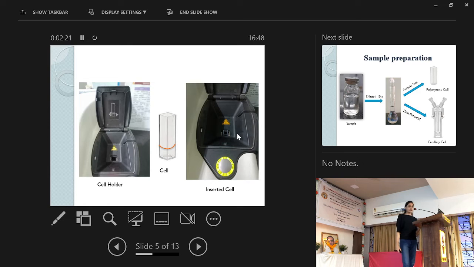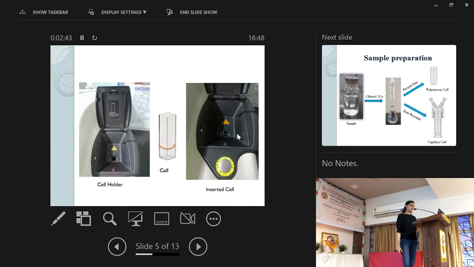Unlike UV cuvettes, the zeta cuvettes need to be filled with only a small amount of sample. The red line shown there indicates the amount of sample that is added in the cell. To make sure that we have added enough sample, there is also a visual graphical diagram available on the lid of the Zetasizer.